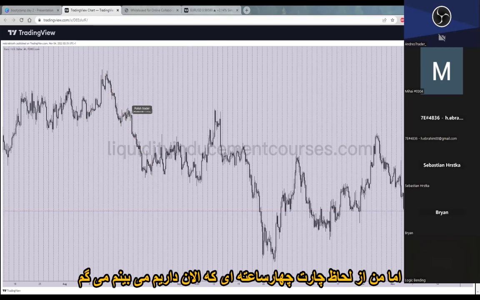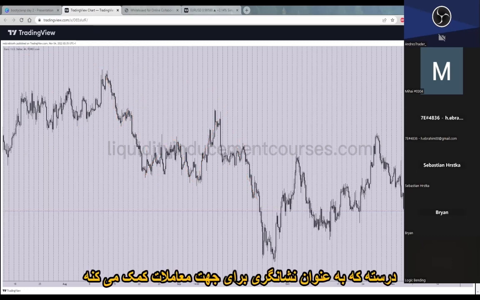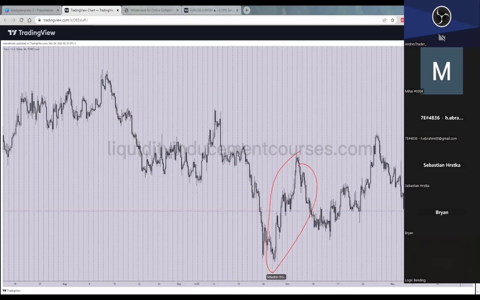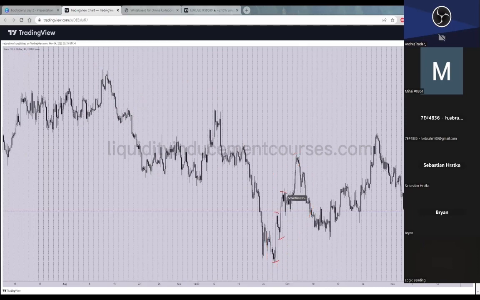But I was looking at it from the 4-hour perspective, from the chart we are seeing now, where this would just be the lower low. That's why I hate structure, really. Well, it's helpful as an indicator for bias. And if you take this range, for example, this would be external again for that range, and any of those are internals.